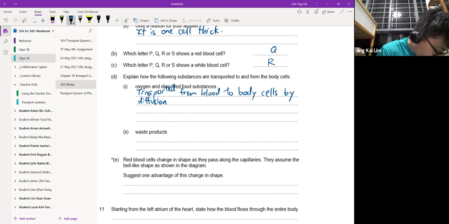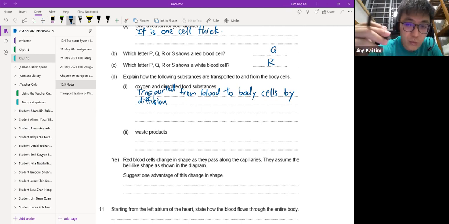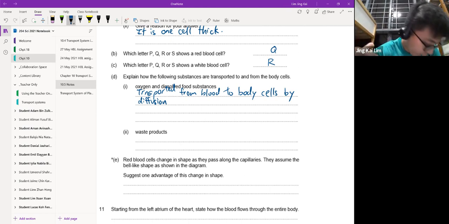Okay, if you are going to look at the full thing, then we have to talk about the concentration. So how does diffusion happen, right?